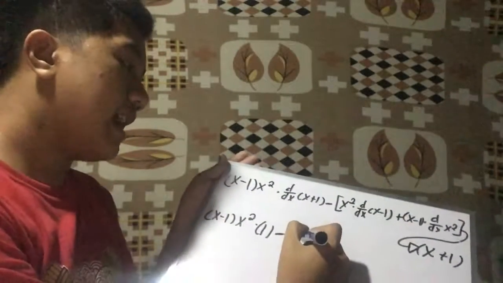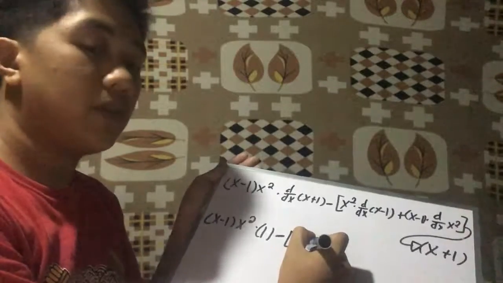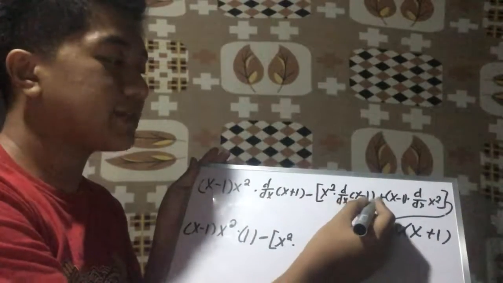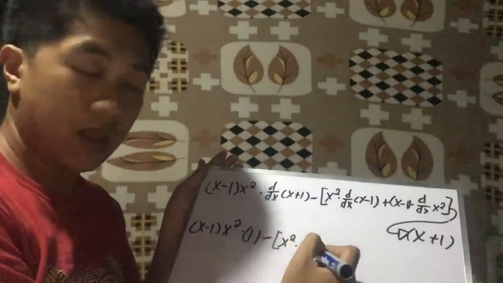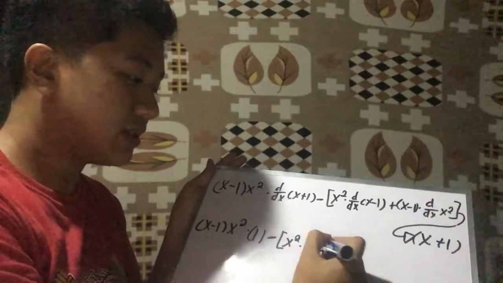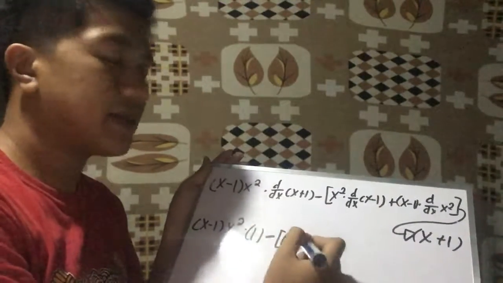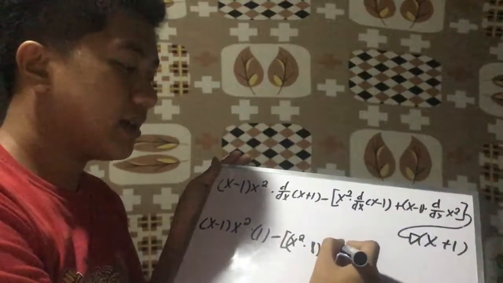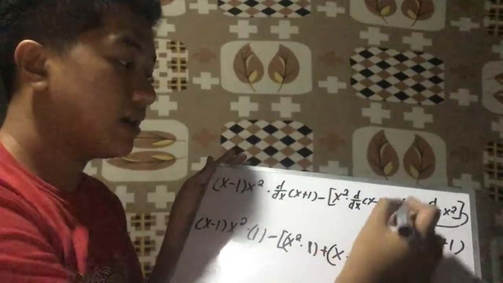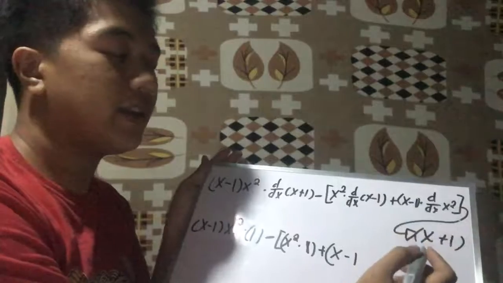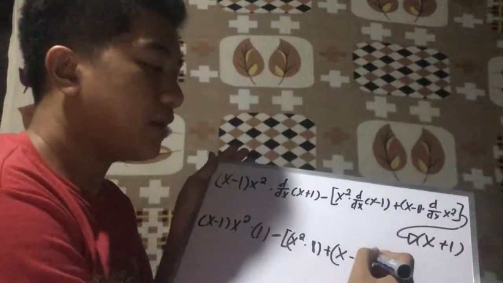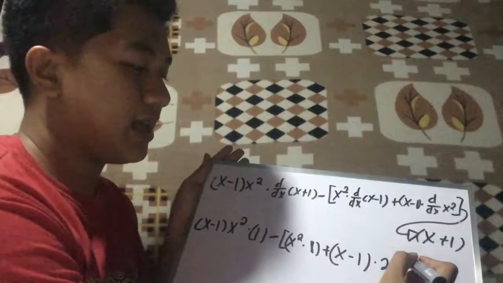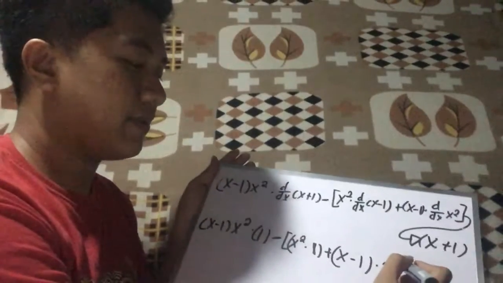We just put a bracket here. x squared multiplied by the derivative of x minus 1, which will be 1, plus, separation here, x times 1 minus 1, plus x minus 1 multiplied by the derivative of x squared, which will be 2x.